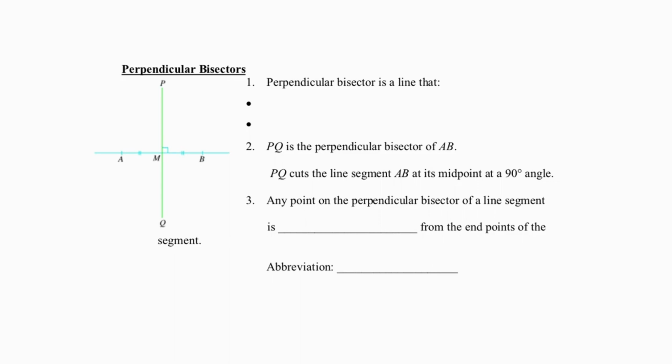Alright, so what exactly is a perpendicular bisector? The very first thing you need to take note of is that it is a line. And what's so special about this line? It is perpendicular to another line, and it is also a bisector. So what is a bisector, you might be wondering?